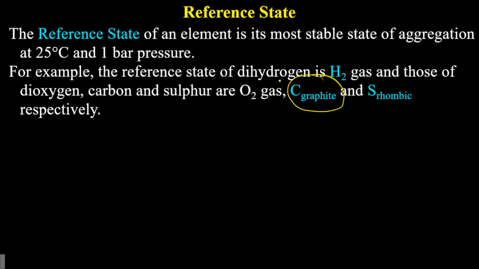You might have heard about the various forms in which carbon exists, but only graphite is the standard form. So if C(s) is written in a reaction, we normally consider it as carbon graphite. Sulfur exists as S8, and the rhombic form of sulfur is the standard form.